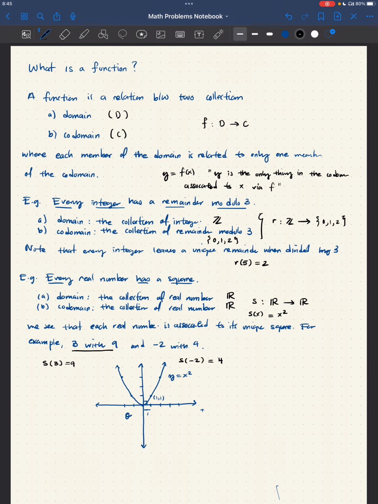So, not all such relations result in functions. Let me provide the following example.